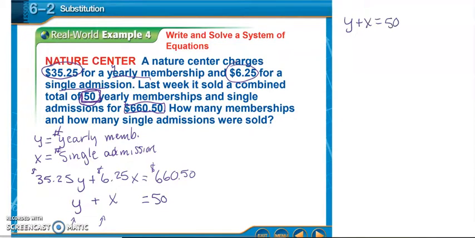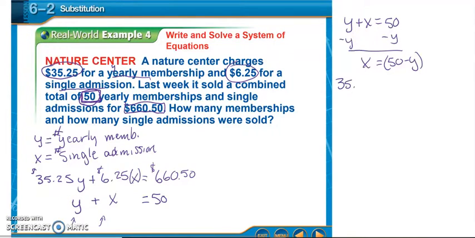You can choose whichever one you want to solve for. I'm going to solve for X on this one. It works the same both ways. So X equals 50 minus Y. This is what goes into my other equation, where the X is right there.